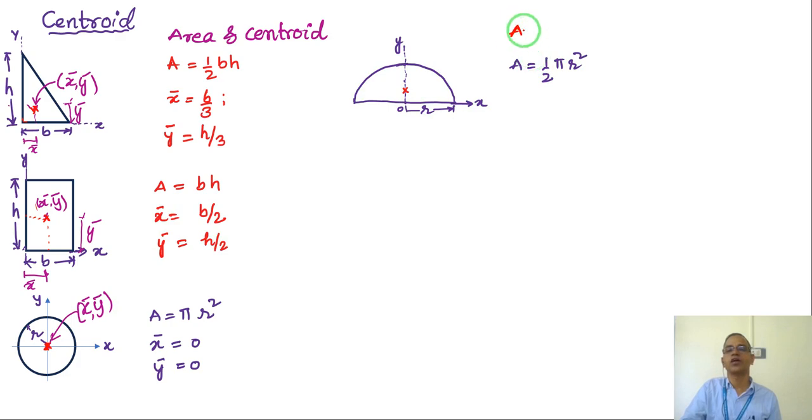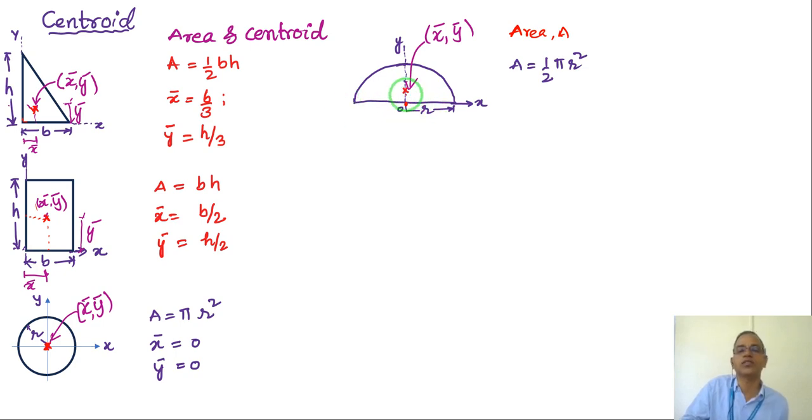This is the area A. The x bar, that means along the x axis, the centroid lies at the same point because it is symmetric, right?